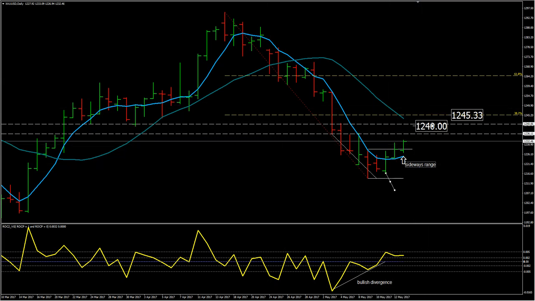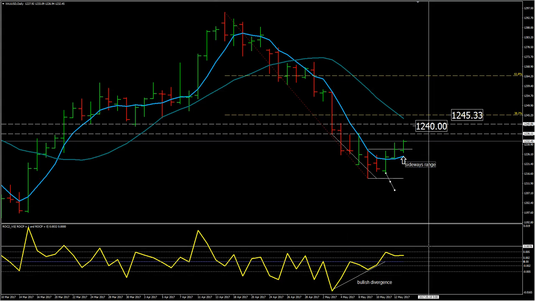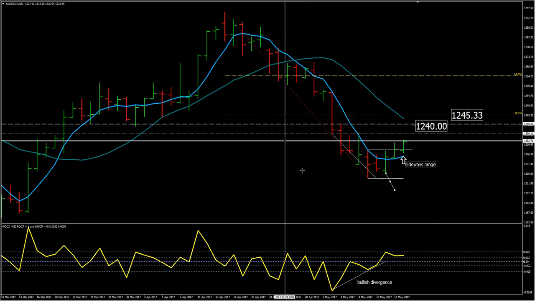You can have your targets and stuff like that, but you need to watch here and see how this will develop. So this position was based on the breaking of the 3-day sideways trading range, and also a hidden bullish divergence in the background. Okay, so that was a position on the gold using the sideways breakout.